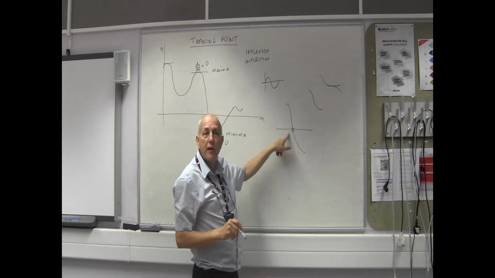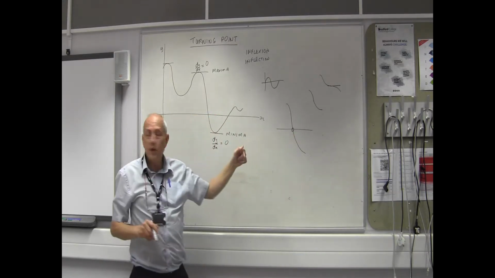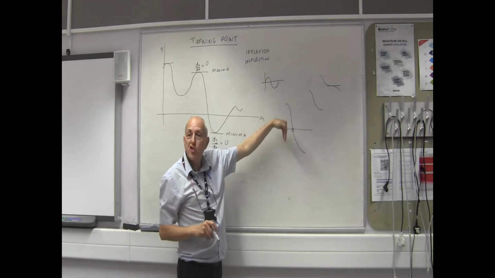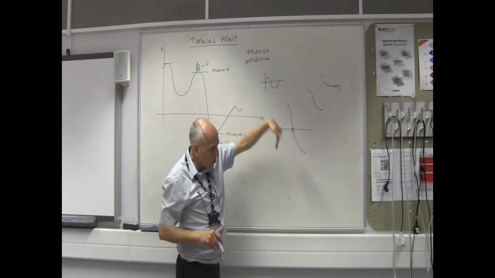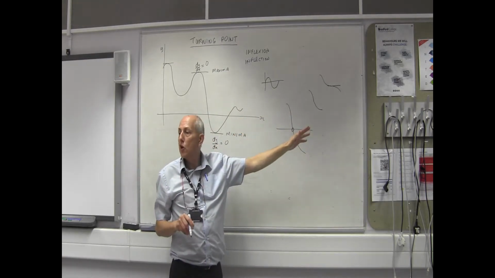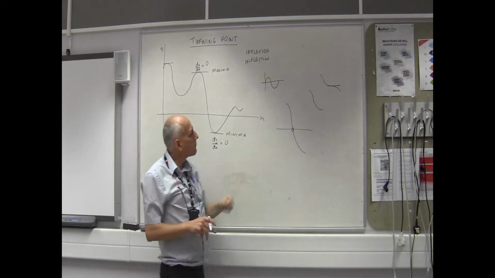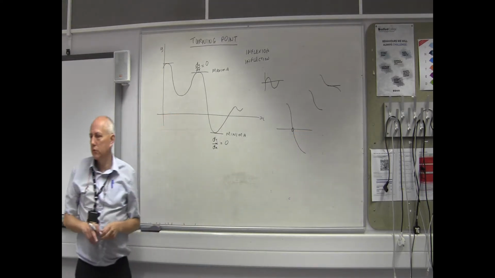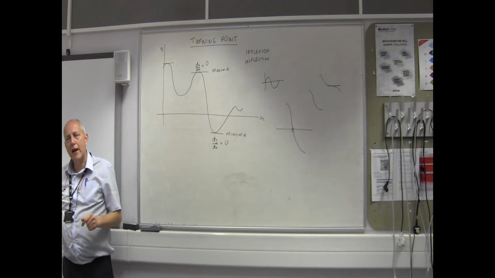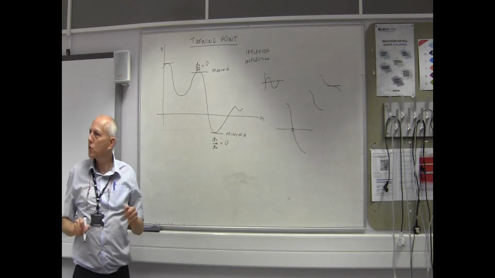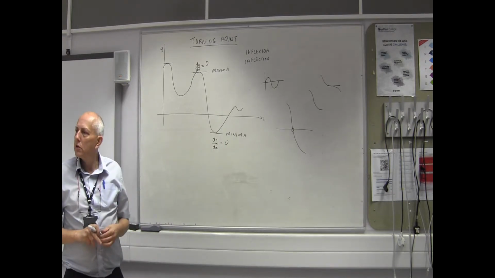It's not 0. It does still have a gradient. It's just that the curve has changed direction. So it's curving this way, it's not curving this way. So that's called an inflection. Okay, so that's important because you'll be asked for that. Because you're going to do a sine wave sketch and you'd have to label the parts, so where the inflection is, etc.